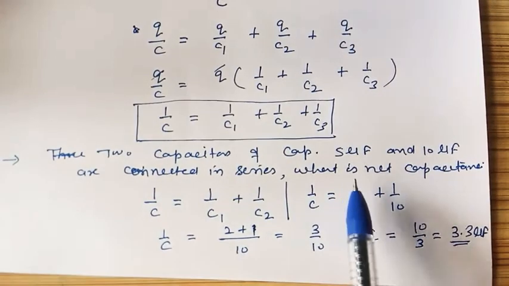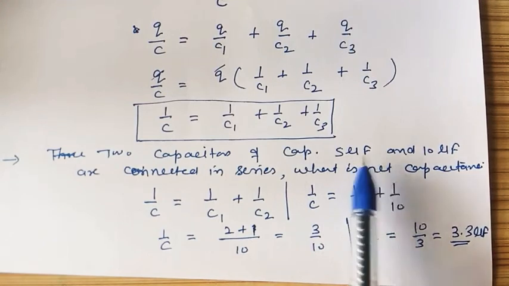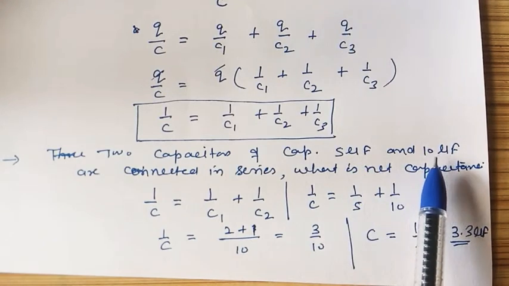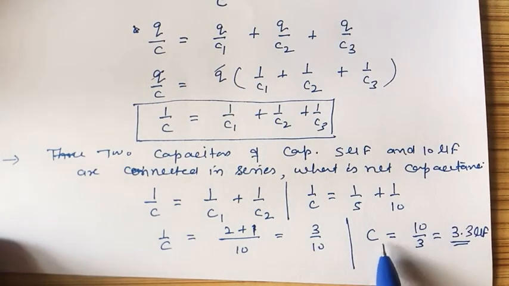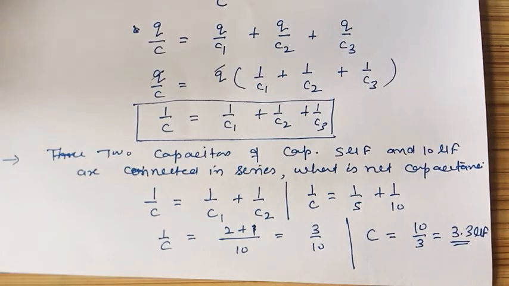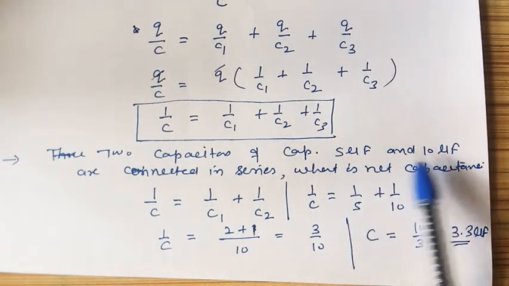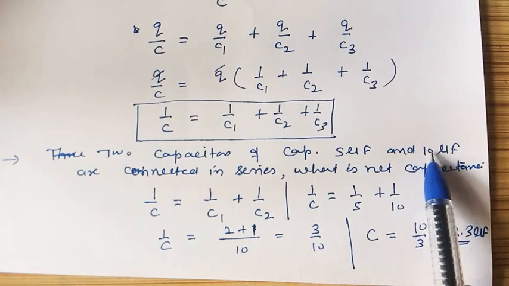So you were having two capacitances, one of 5 microfarad and the other of 10 microfarad. But when we connected these capacitors in series, the net capacitance is 3.3 microfarad. That is, we got less than both capacitances, right?